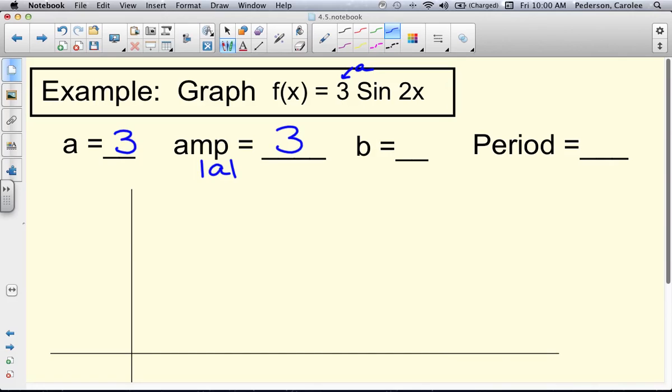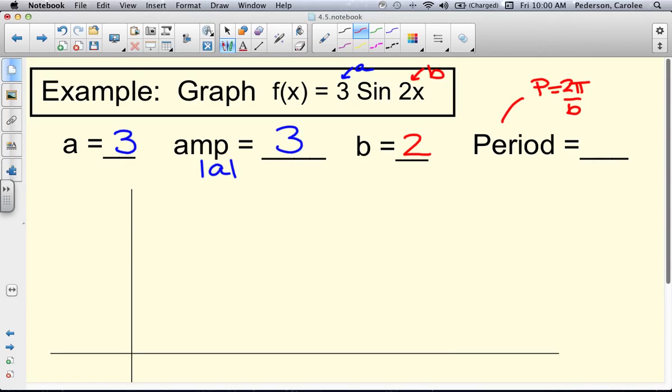Then, what's the value of the b? What's the b value? 2. That's always what I call inside the function. So how that helps me is to find out how long the revolution occurs. So in that previous slide, to find the period, it's 2 pi over b.